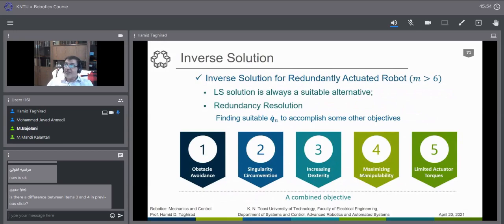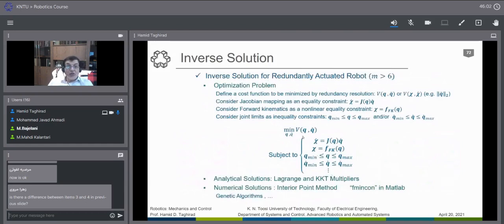Here you see manipulability and dexterity. For example, for dexterity, the condition number can be used. You can use a measure for dexterity. There are many different measures for dexterity, and you can use other measures of this dexterity. If you use mu here, mu should be close to 1 or very far from 0.